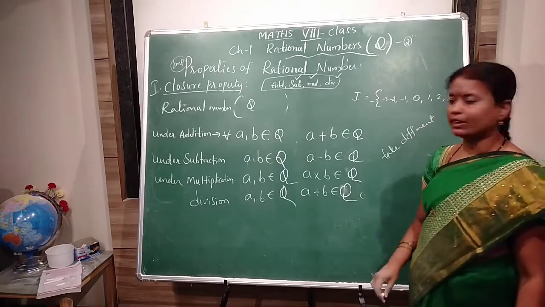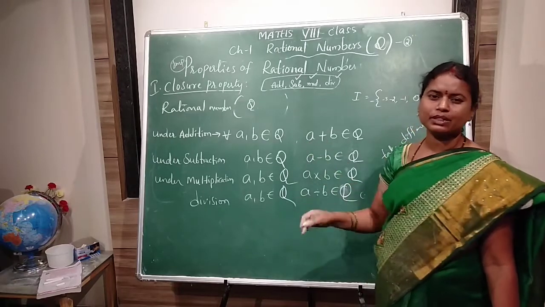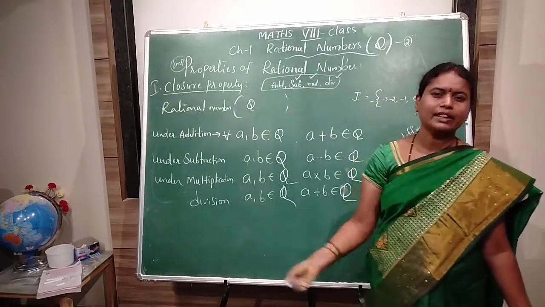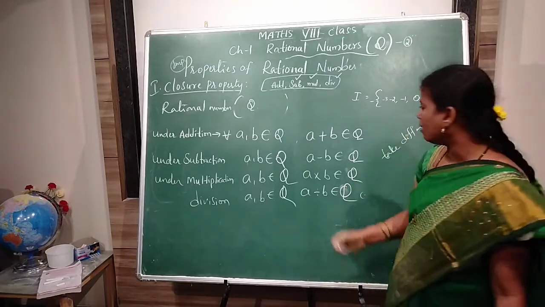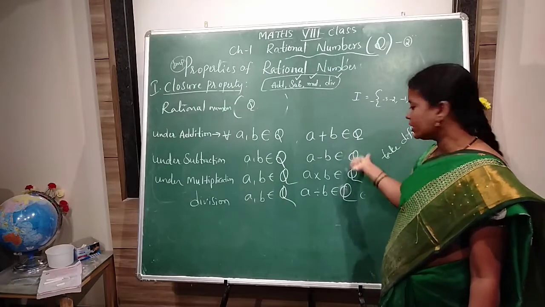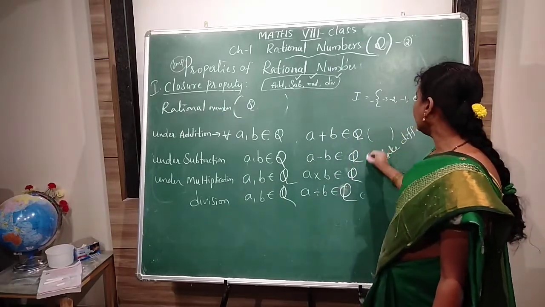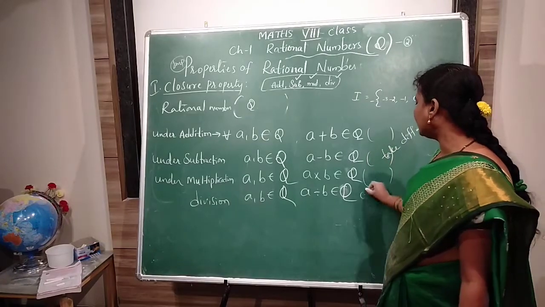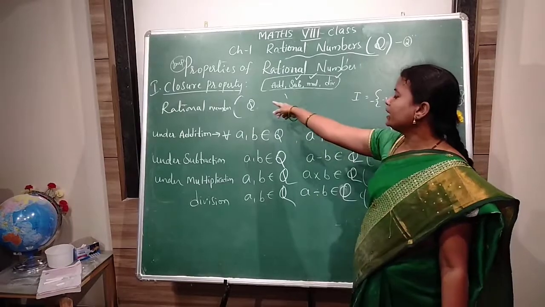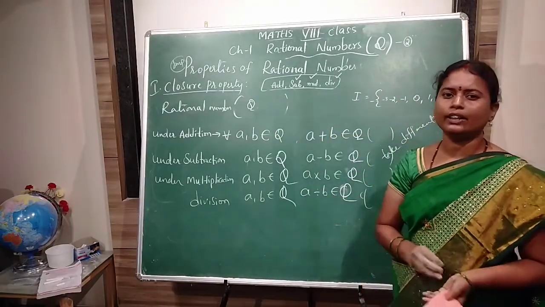Take different types of examples. Take two rational numbers. Rational numbers are nothing but fractions, and we can take integers also as numerator and denominator. Check whether the resulting answer is also a rational number or not. You have to check at home whether the closure property is satisfied by rational numbers under addition, subtraction, multiplication and division.